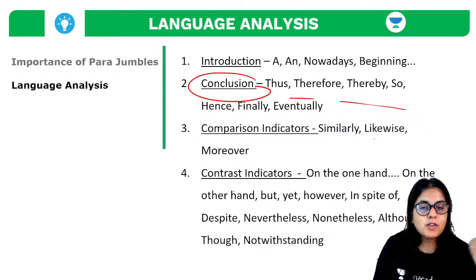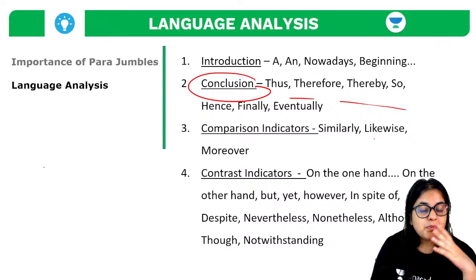On the one hand, on the other hand, but, yet, however, in spite, despite, nevertheless, they connect contradictory sentences together. And guys, but can start a para, because can start a para, yet can also start a para. For example, yet another achievement for ISRO, and then you explain what that achievement is. So please don't keep any of these myths in mind.